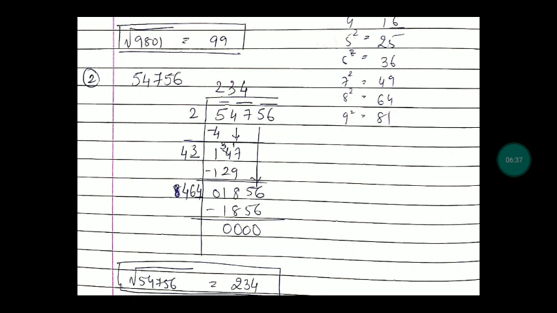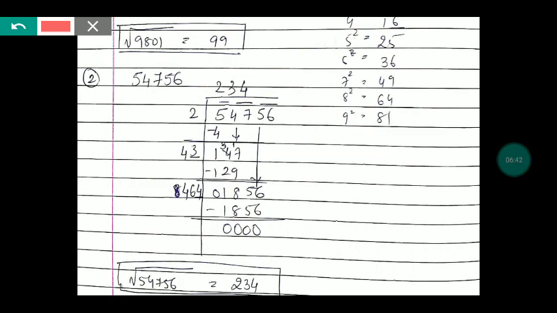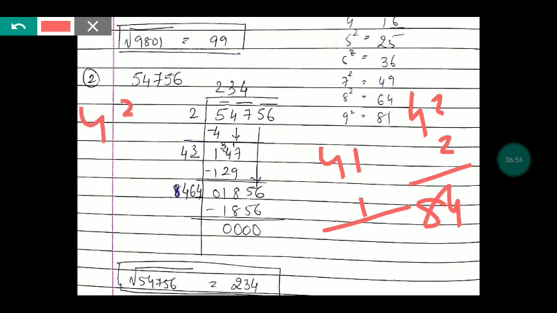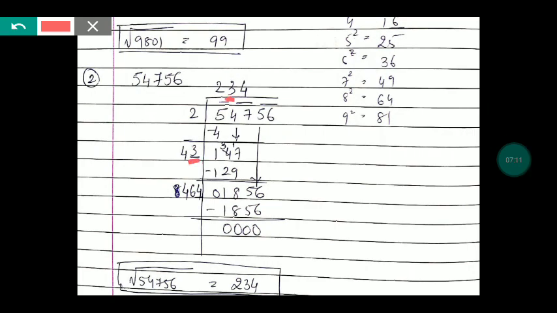Now which number will you choose so that it is nearest to 147? 41 ones are 41, 42 twos are 84, 43 threes are 129, and 44 fours will be more than 147. So we are going to take 43 threes are 129. Now subtract and get your answer. You will get 18.